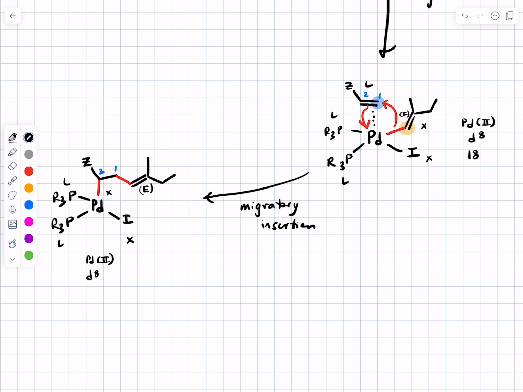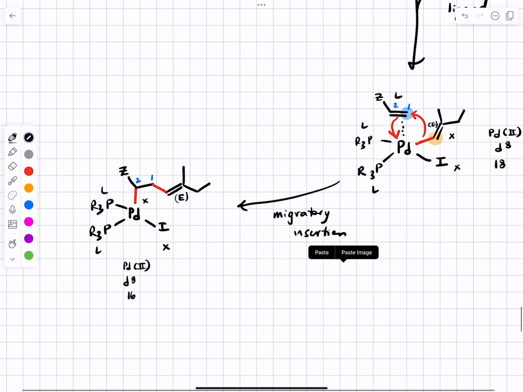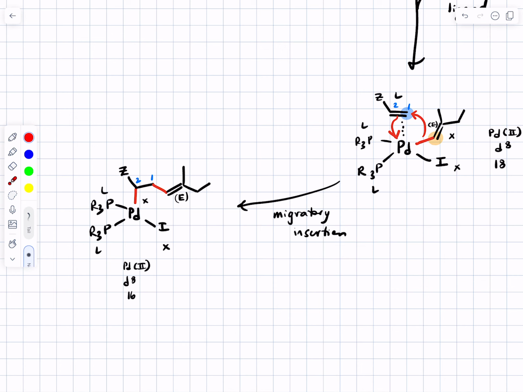And now it's only got 16 electrons total, because we took 2 electrons away from palladium in this carbon-palladium bond and we made a new carbon-carbon bond. Okay.